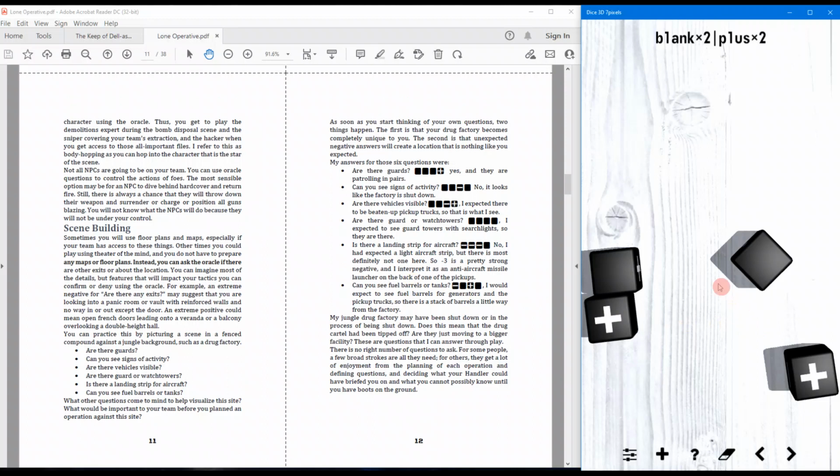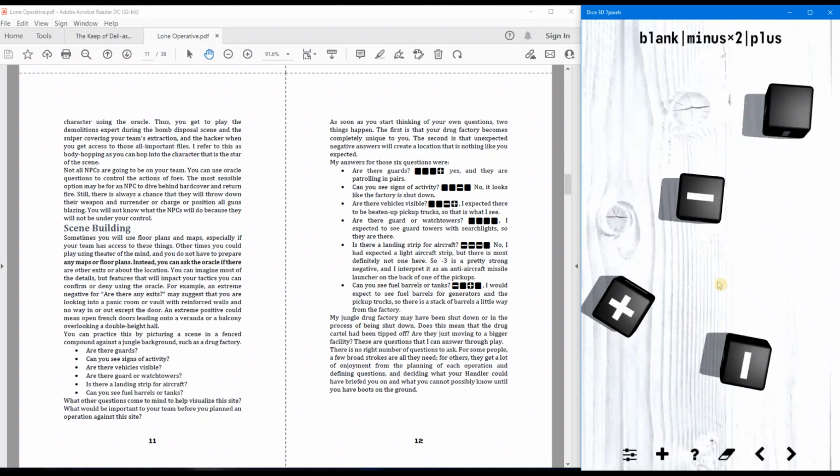You can just say, are people pleased to see you? If you've rescued a hostage, are they pleased to see you? No, they aren't. Because they're not actually pleased to see you, you could interpret that in several different ways.